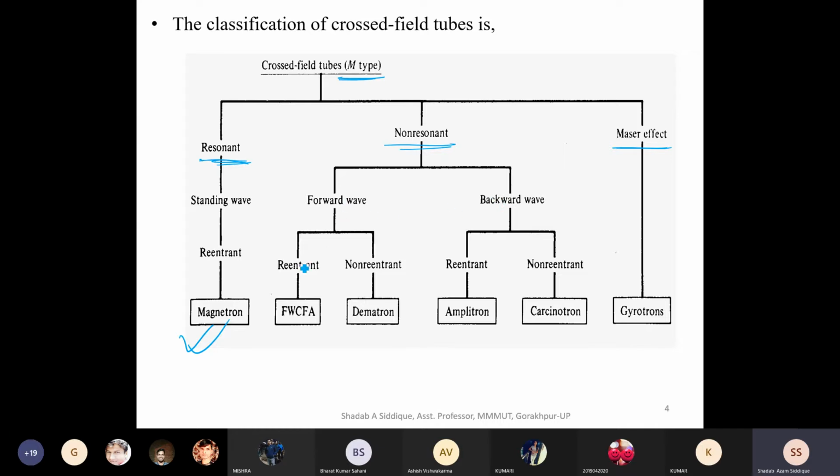Forward wave again has reentrant and non-reentrant cavities. A non-resonant structure with forward wave and reentrant cavity is called a forward wave crossfield amplifier, and with a non-reentrant cavity it is called the Dematron.